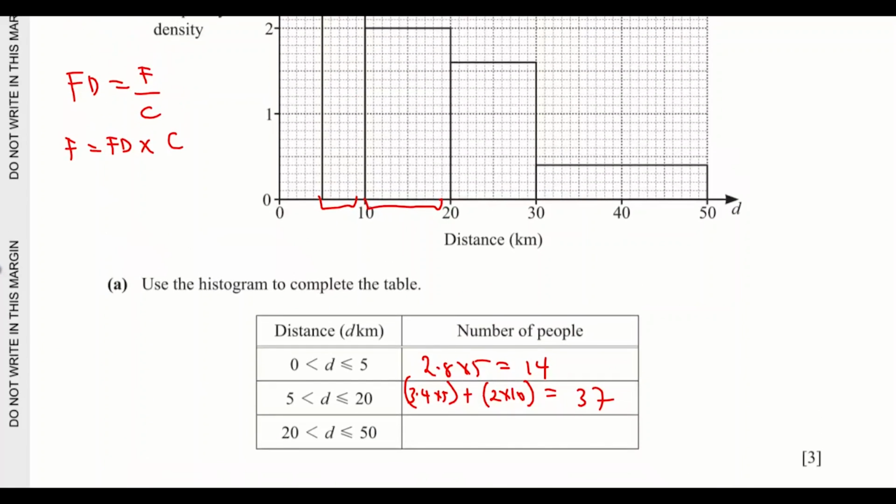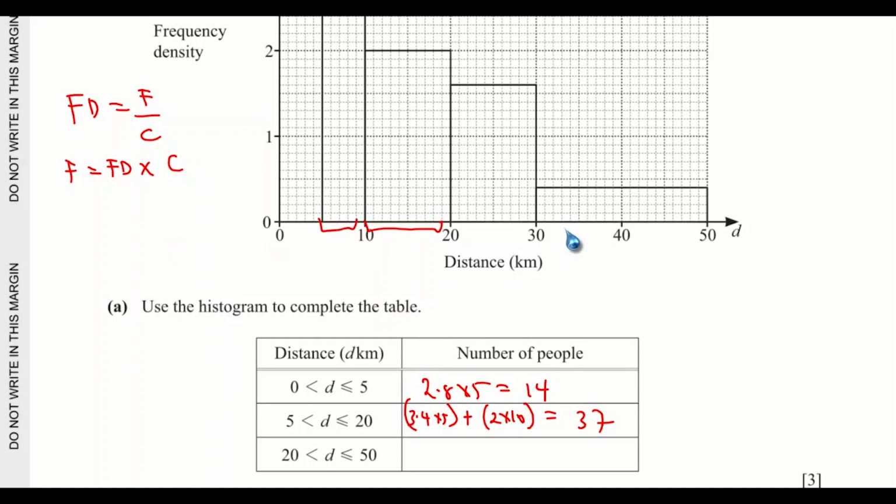The third one is from 20 to 50. We don't have 20 to 50, but we have 20 to 30, from here to here, and 30 to 50. So we're going to do them bit by bit and add them together. From 20 to 30, the frequency density is 1.6 multiplied by the class size, that is 10.